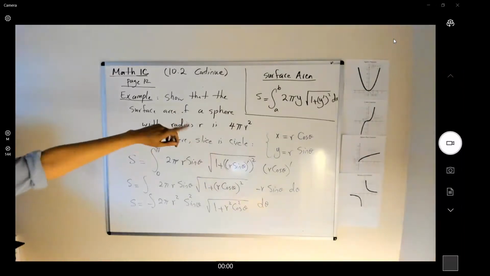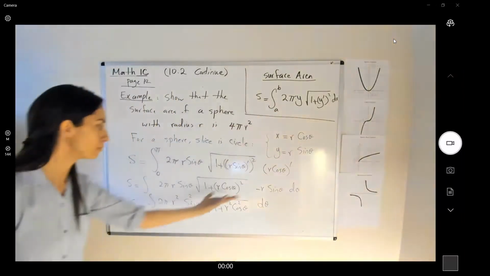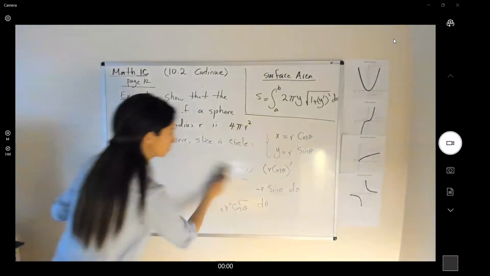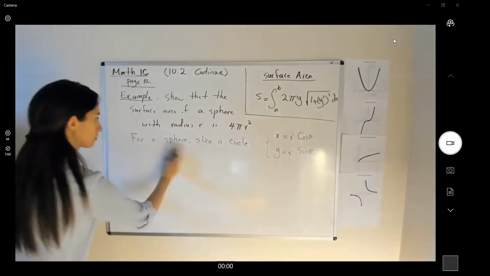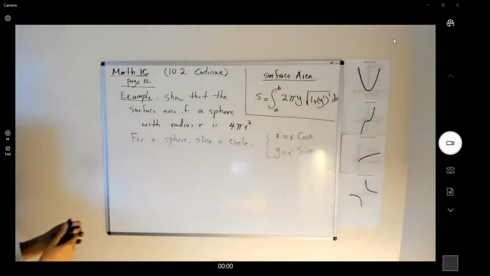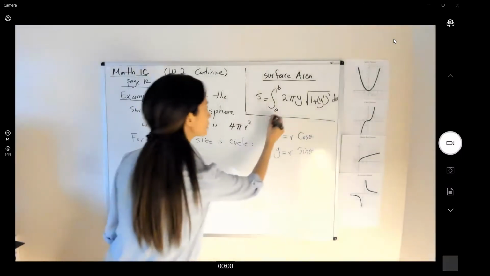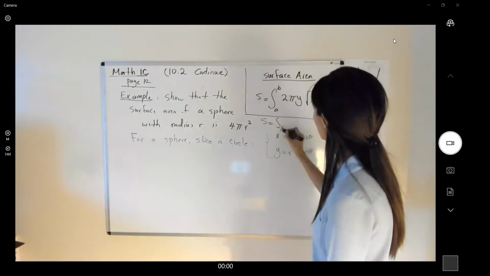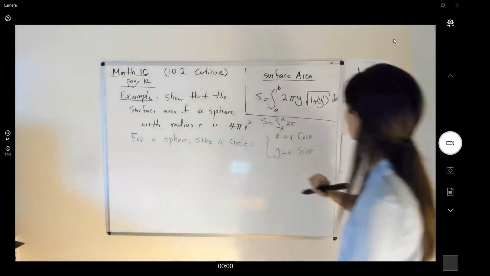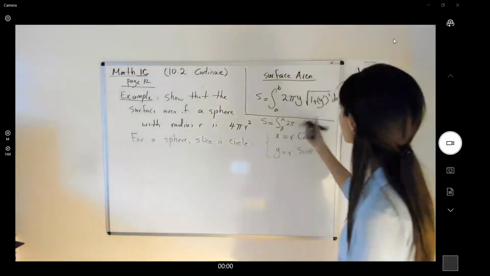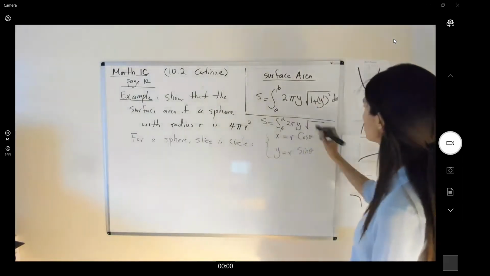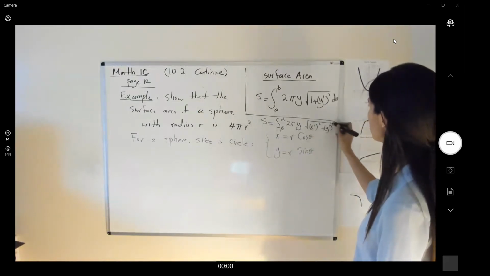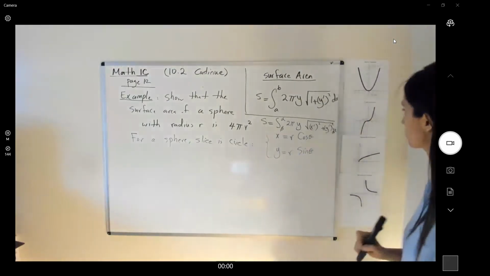If you use this formula directly, this is what you have to deal with. Equivalent to this formula, what you learned is S equals the integral from beta to alpha of 2 pi, whatever your y is, times square root of x prime squared plus y prime squared dt.